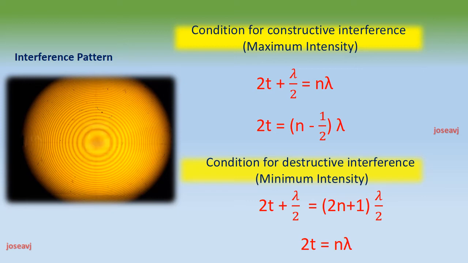But the measurement of thickness can be done by measuring the diameter of the observed ring pattern. With the help of the microscope, we can measure the diameter of the ring. So the difficulty in measuring t is simplified to determining the diameters of the rings.